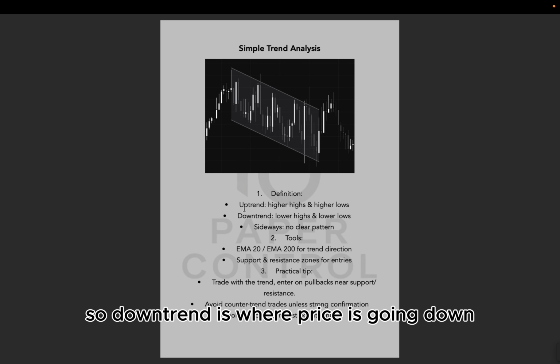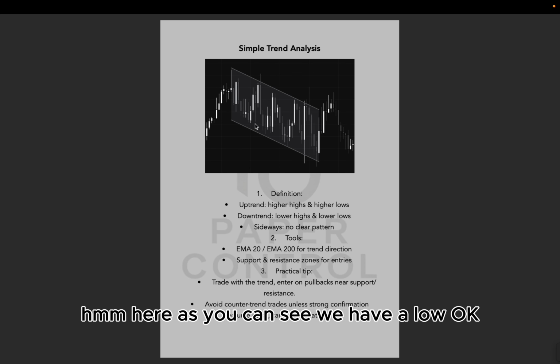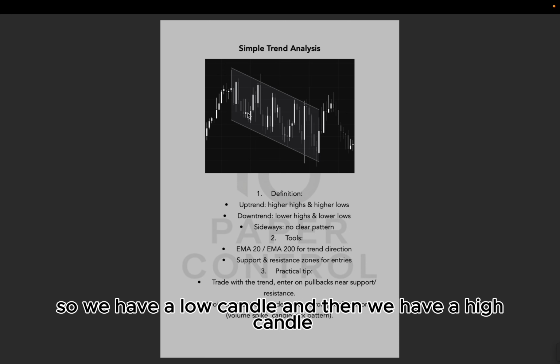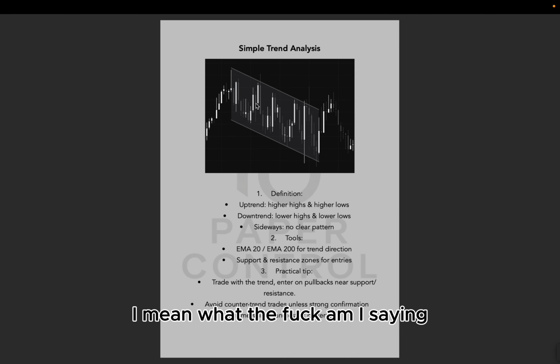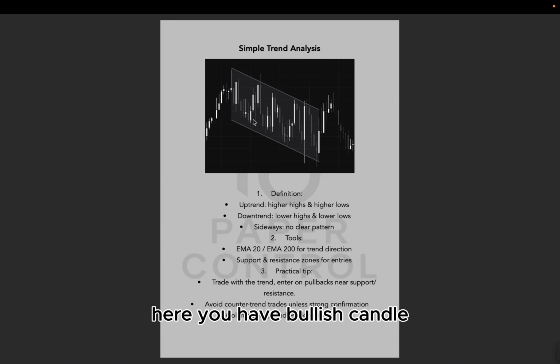Downtrend is where price is going down, and a lower low is basically here. Here you have a bearish candle, and here you have a bullish candle. Bullish is when it goes up and bearish is when it goes down, of course.